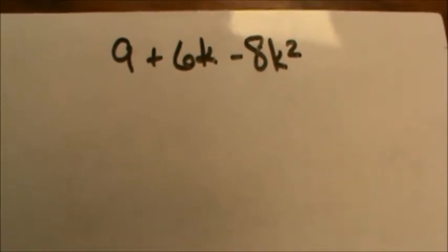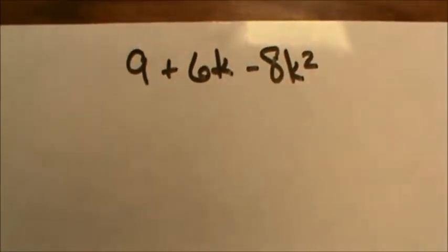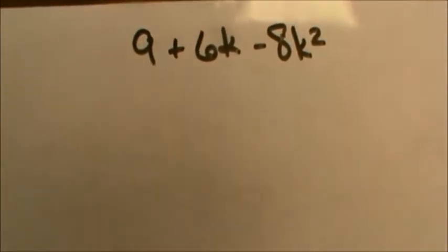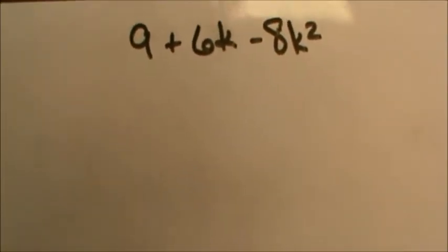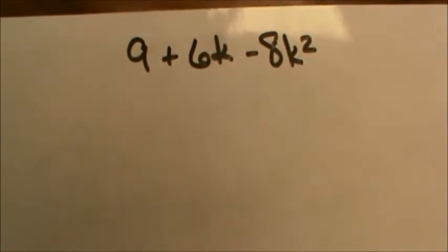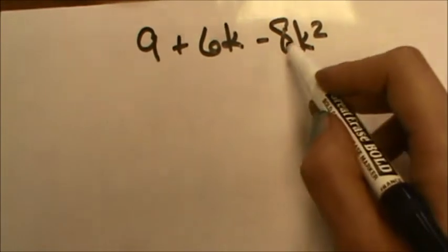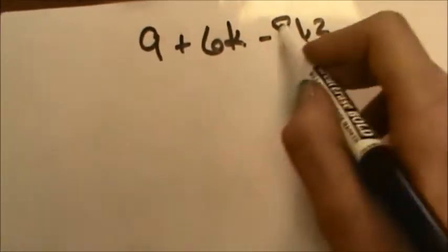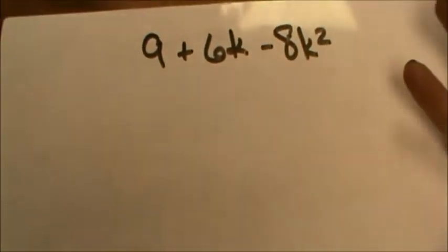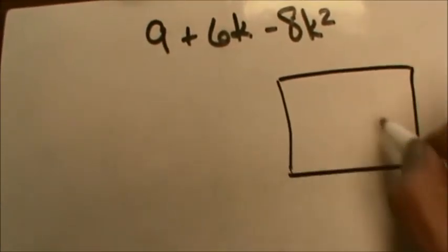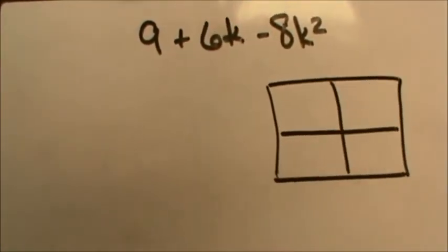Factor. It's a trinomial. This is a perfect square, but this is not, so I cannot use the perfect square trinomial rule. I need to use the factor box. If I look at the leading coefficient here, it's 9. You know, I could try to reorder these and use this negative 8, but either way, I know I'm going to use the factor box. I know I'm going to need to multiply the first and last.